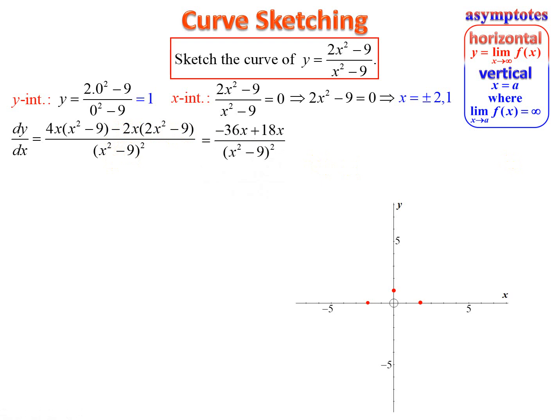We simplify first, and then put it equal to 0. And if you solve that, you get x equal to 0. So therefore I know now the x value of a turning point is 0.